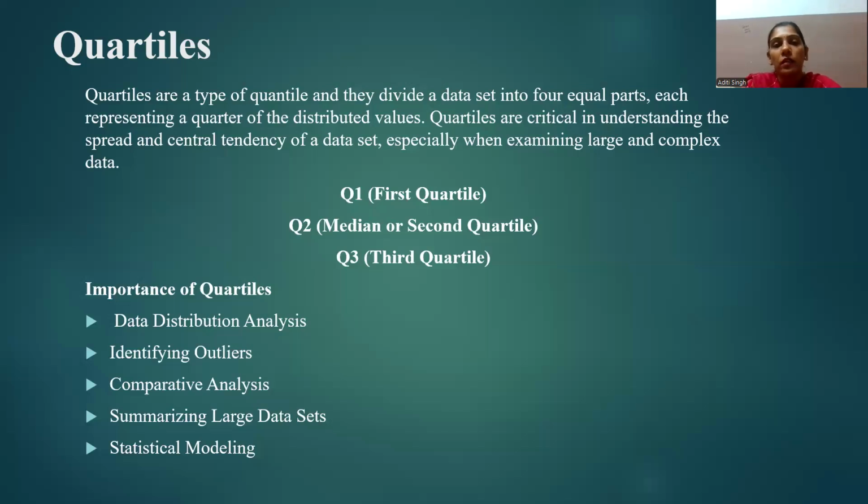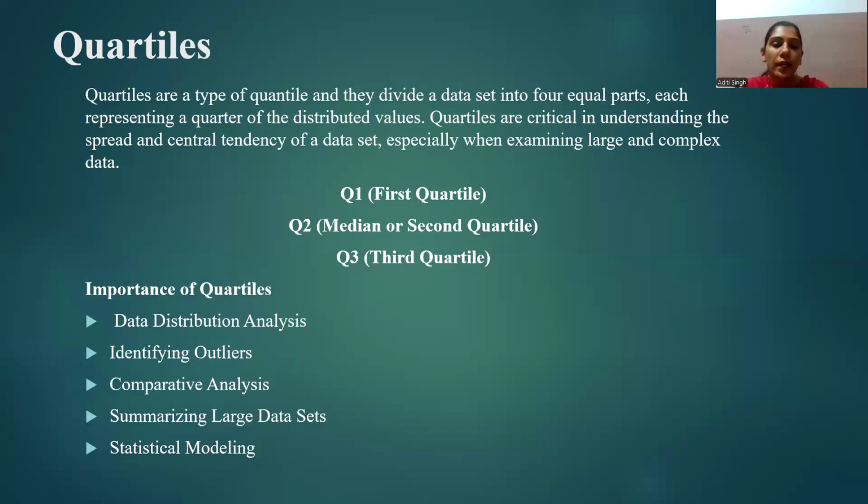By comparing the quartiles of two data sets, one can easily determine which set has significantly higher variability, which is more centered, or which has more concentrated values. So the comparison of two data sets is very easy with the help of quartiles, as we can easily identify the variability among the data sets.